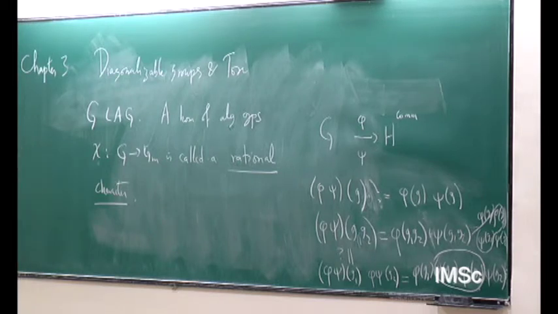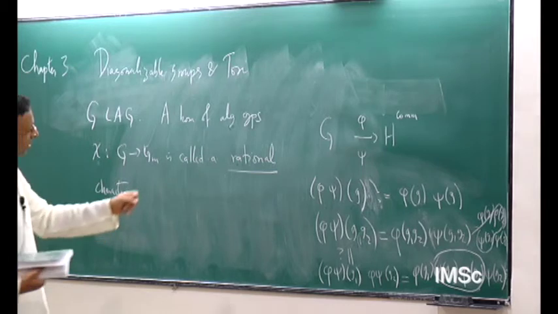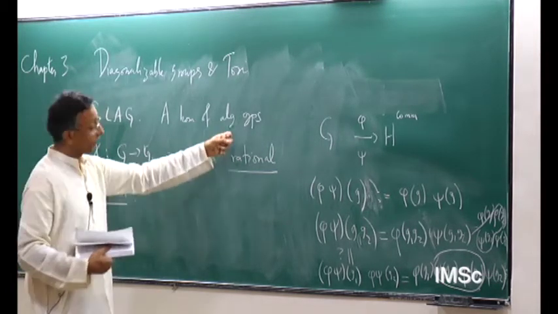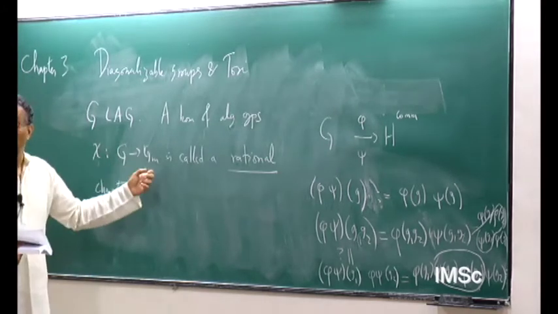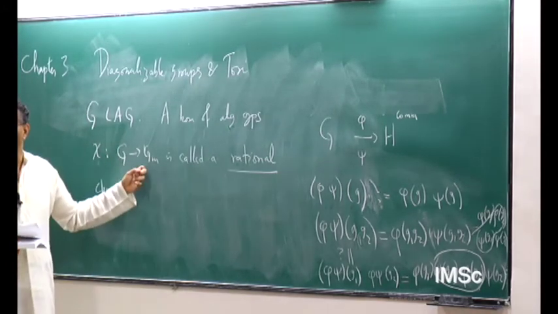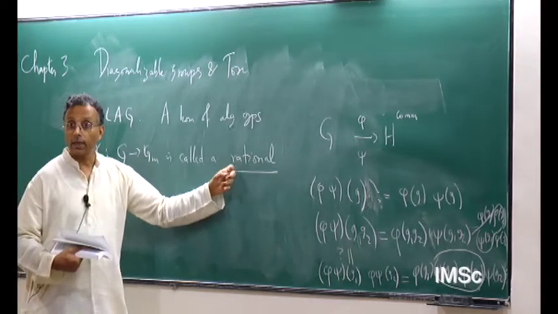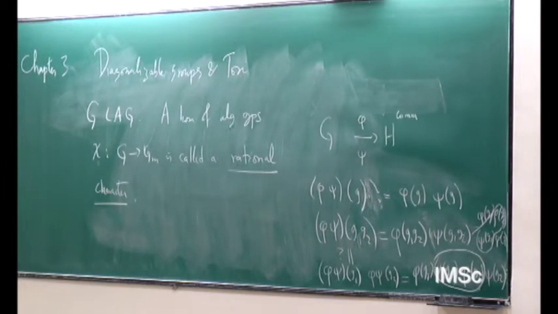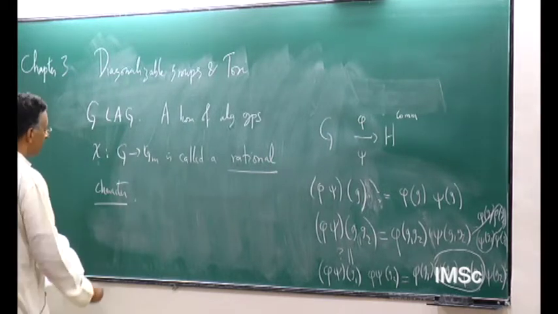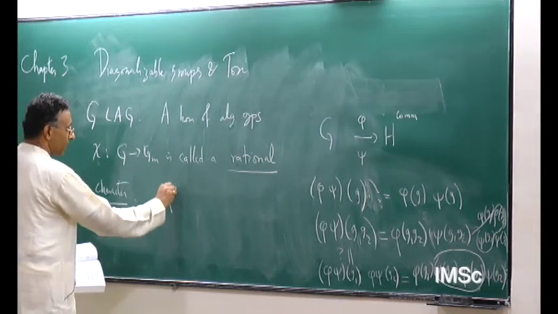So the correct word to use is rational. This rational refers to the fact that we are taking not abstract maps from G as an abstract group to K star as an abstract group, but those that are linear algebraic group homomorphisms.